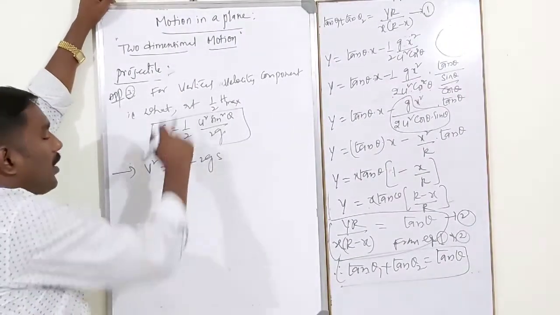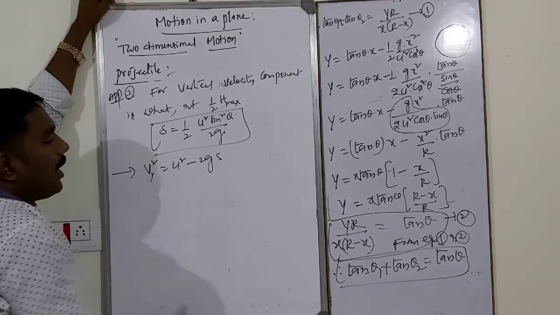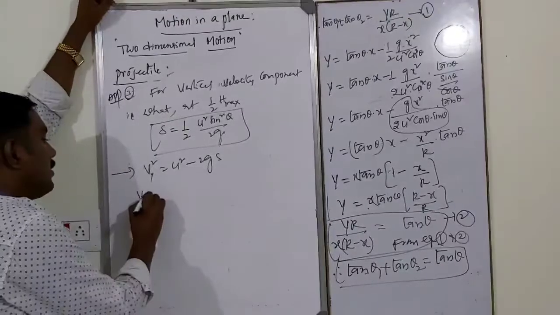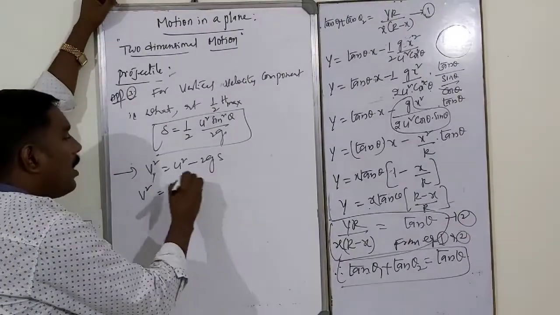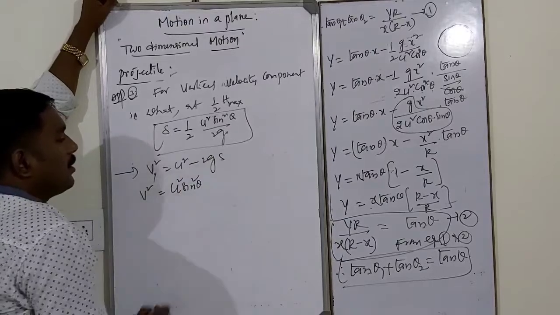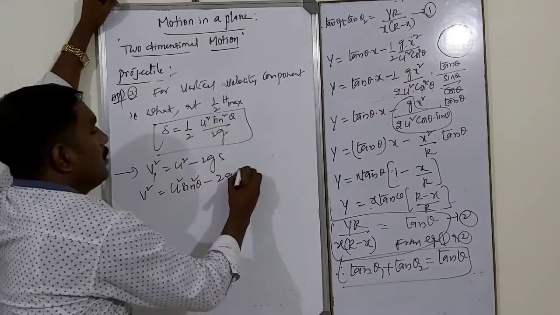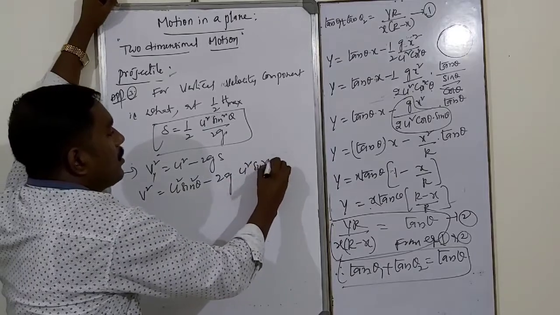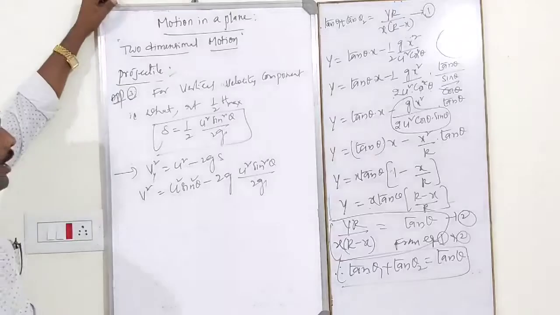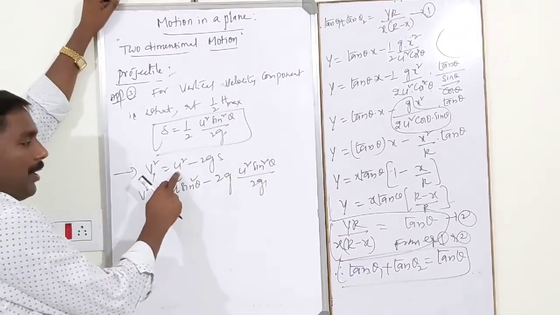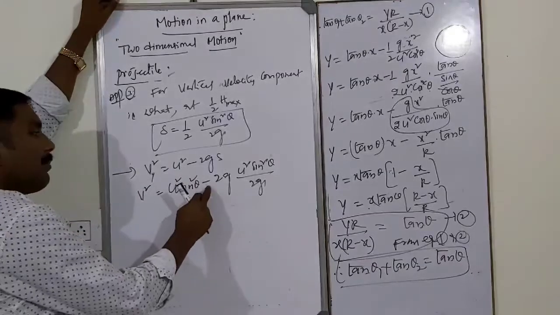So for the vertical component, the vertical velocity u sin theta squared gives u square sin square theta minus 2g times s.